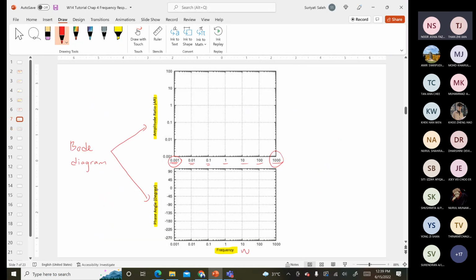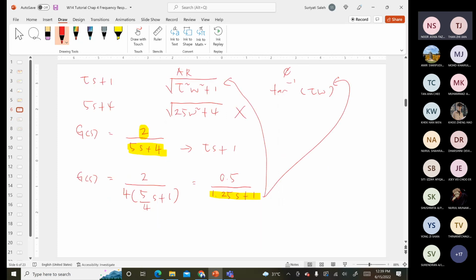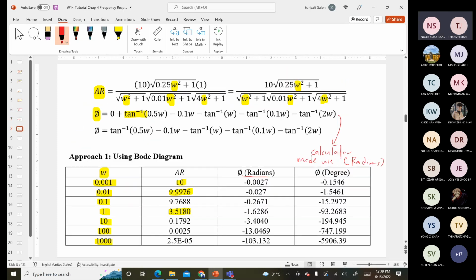The problem here is that when we calculate in radian, we cannot do the plotting, because in the plot you can see the phase angle is in degree, where it starts from 90 degree, 45 degree, 0 degree, and then you have negative values. So you need to do the conversion. When you use the phase angle expression, it's by default in radian units.